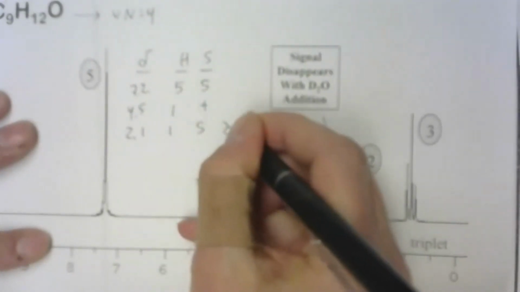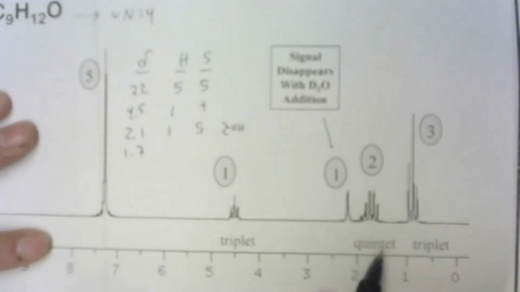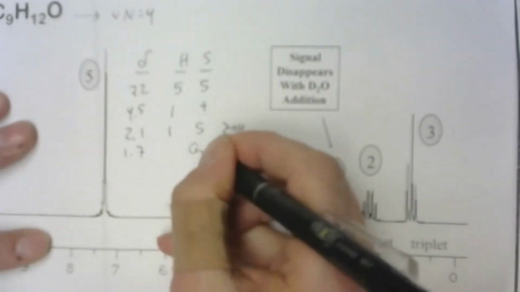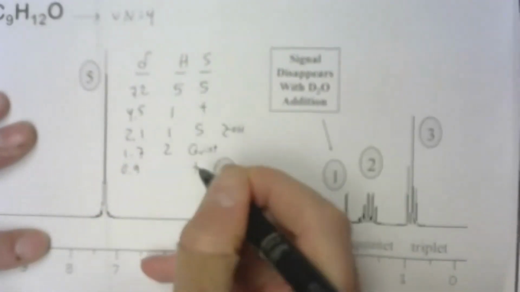Probably an OH. I'll just put it out there. Likely it's an OH. Then we have 1.7, quintet. Sometimes called a pentet. And that's 2. Triplet at 0.9, triplet of 3H. Okay, there's our table.